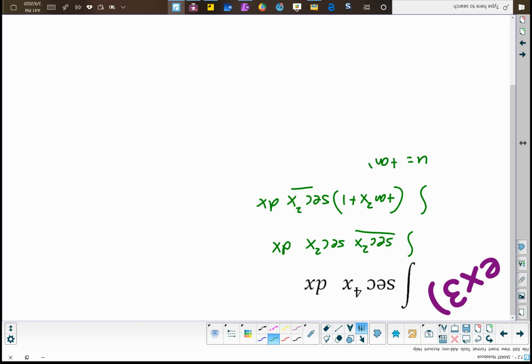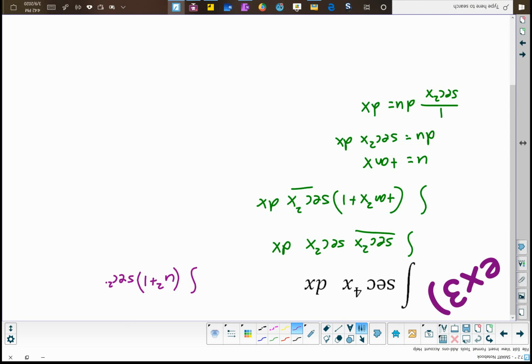Du is secant squared x dx. Divide, 1 over secant squared x du equals dx. So I have the integral of u squared plus 1 times secant squared x times 1 over secant squared x du. Reduce those secants. So I have the integral of u squared plus 1 du.